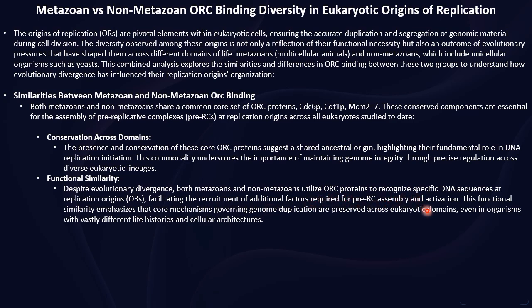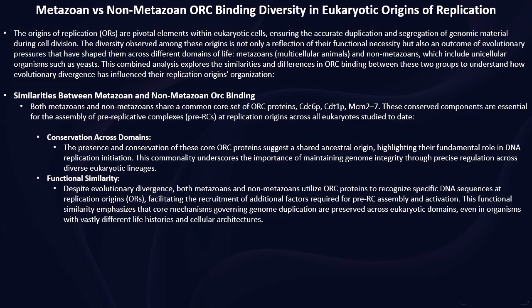This functional similarity emphasizes that core mechanisms governing genome duplication are preserved across the eukaryotic domain, even in organisms with vastly different histories and cellular architecture. Both of these points have been discussed in detail in our previous slides. So let's jump to the differences between metazoan and non-metazoan origin binding.